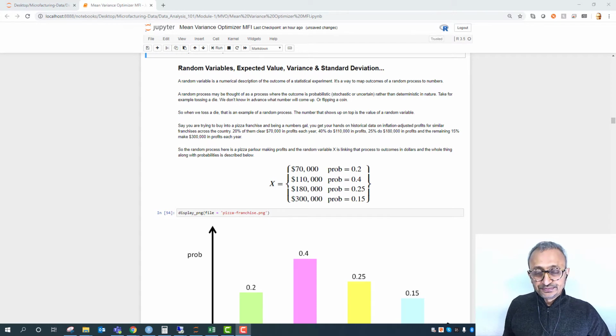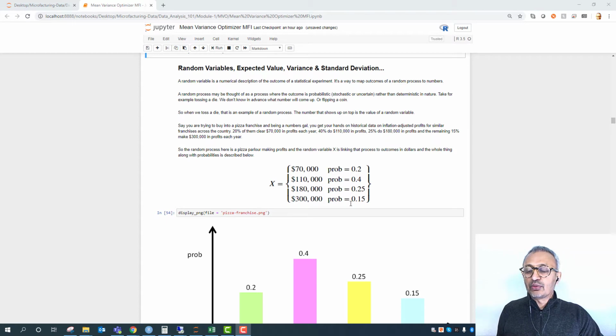So the random process here is the pizza parlor making profits, and the random variable X is linking that process to outcomes in dollars. For example, 70, 110, 180, and $300,000 are the outcomes of that random process of the pizza parlor making profits.